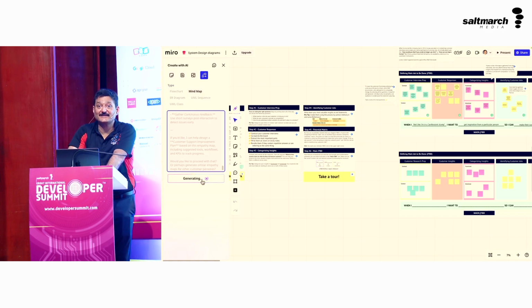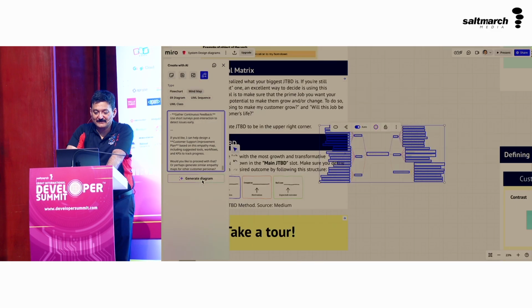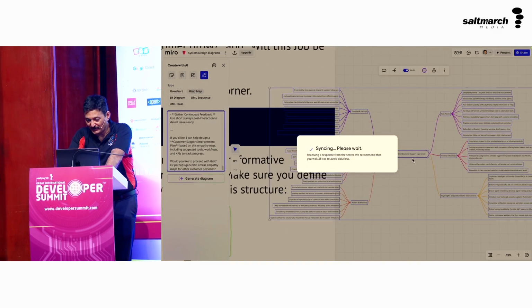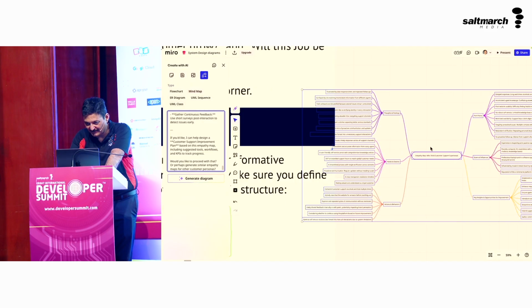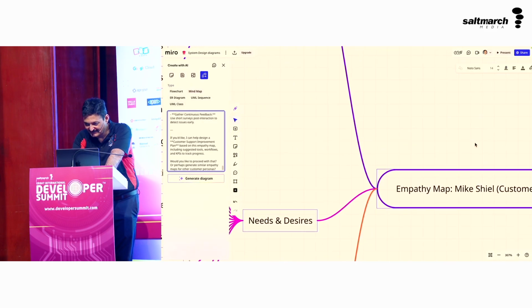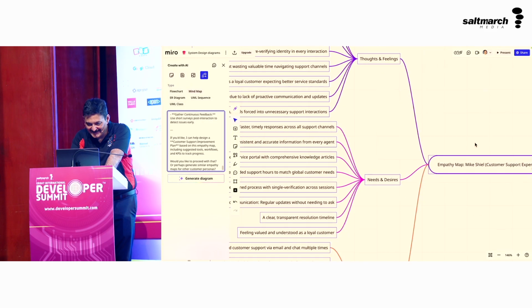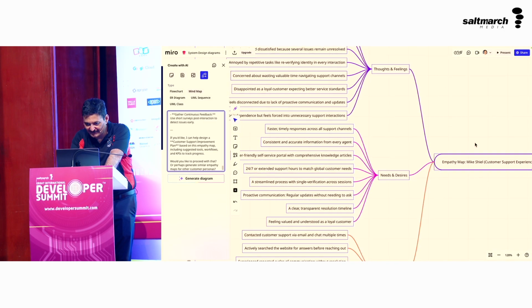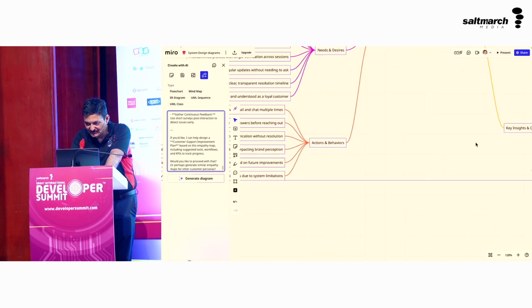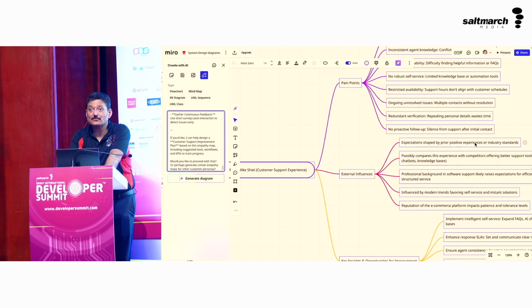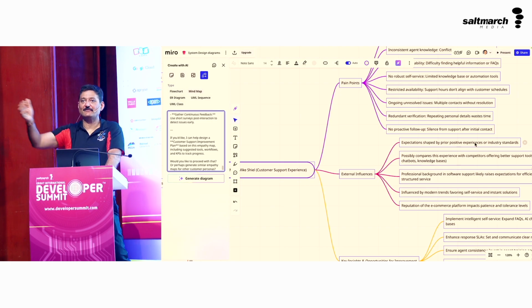Now it's able to generate the diagram which you can now use with the architecture and then start using it. So that means you can understand the problem. So now we created the diagram for me. Now within this diagram, this is the empathy map for needs and desires, thoughts and feelings, and actions. Isn't that cool? Now you can actually create this diagram very, very fast.